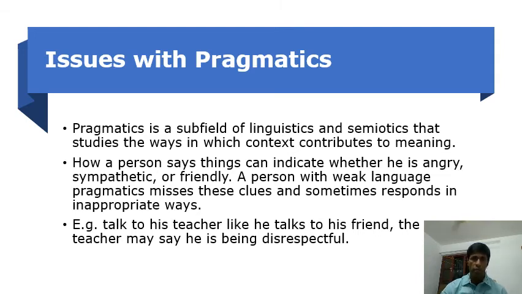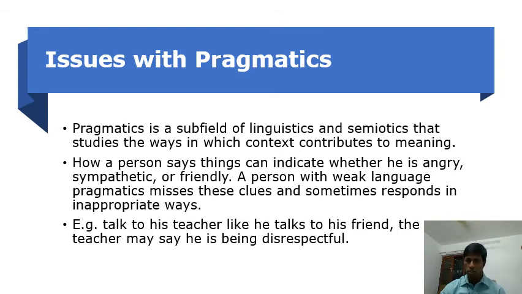A person with weak language pragmatics misses these clues and sometimes responds in inappropriate ways. That means they do not get the meaning from the tone of an angry man or a friendly human being.